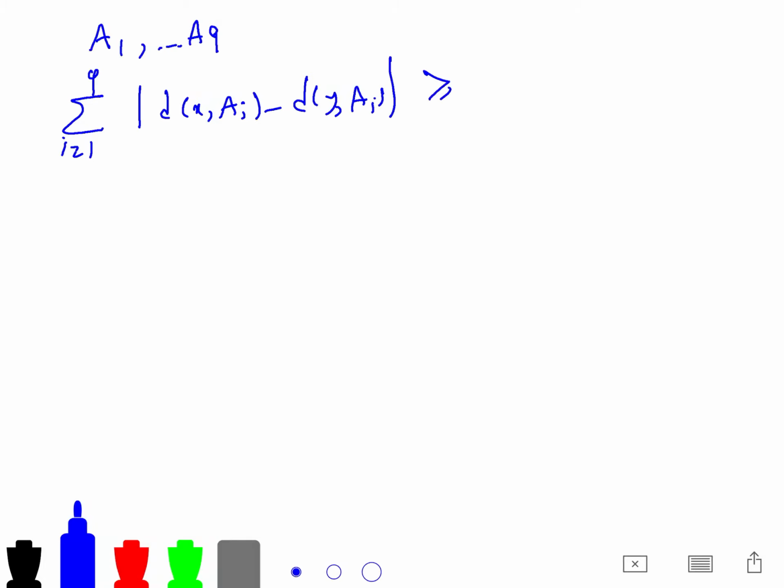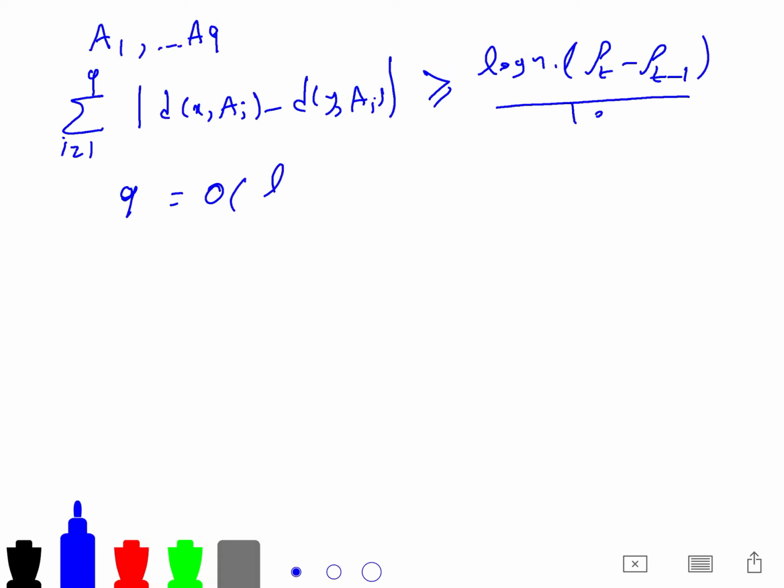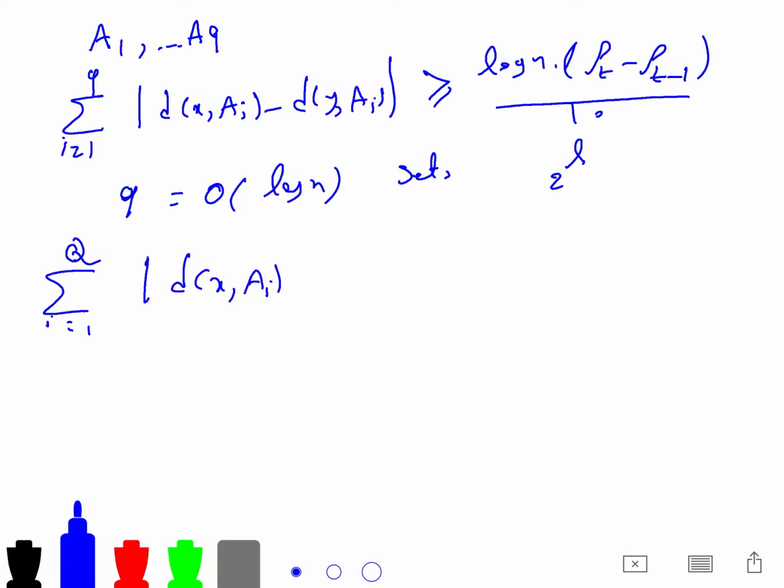And as I've shown you, this is greater than log n rho t minus 1 divided by 10. And since we randomly select this Q, which is of order of log n sets of cardinality 2 to the L, we can write this as the sum over i from 1 to capital Q of d of x and ai minus d of y and ai.